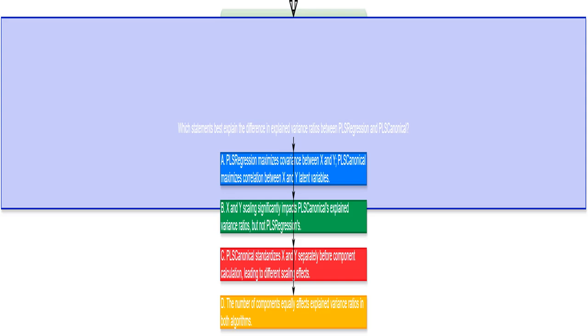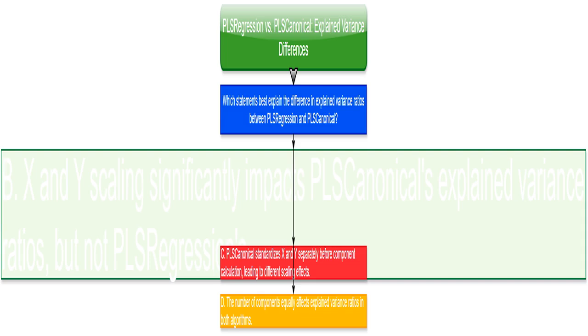This question asks you to identify the reasons why the amount of variance explained by the different components differs between these two statistical methods. We're looking for the underlying reasons, not just the surface-level observation. I'll explain this one first because it's pretty straightforward. PLSCanonical is very sensitive to the scales of the input data, X and Y, because it focuses on correlation, which is affected by the magnitude of the numbers.